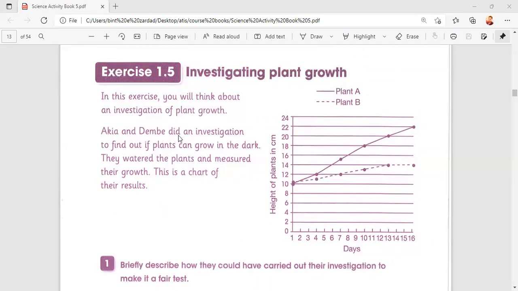Okay, and then we did an investigation to find out if plants can grow in the dark. They watered the plants and measured their growth. This is a chart of their results, a line chart.